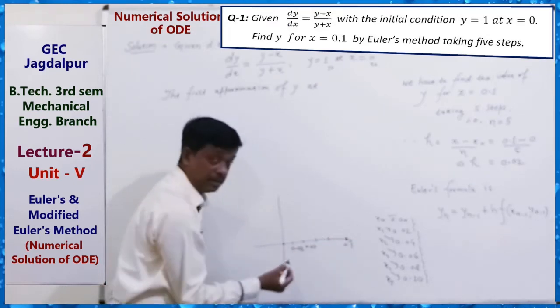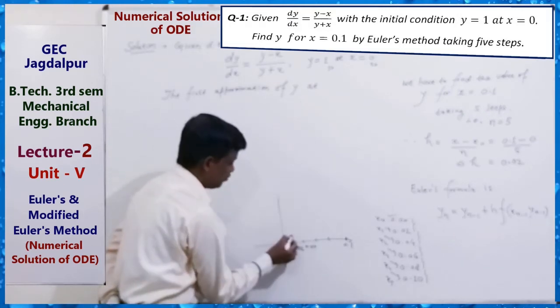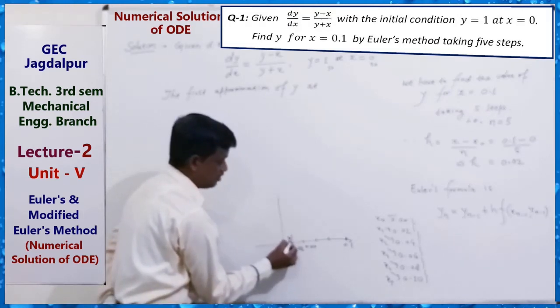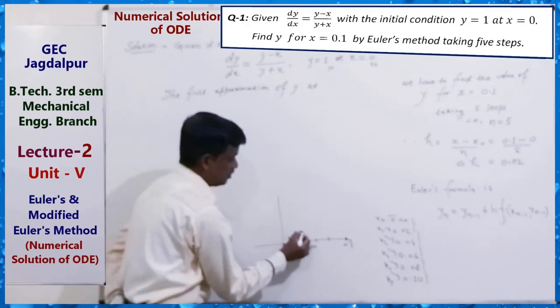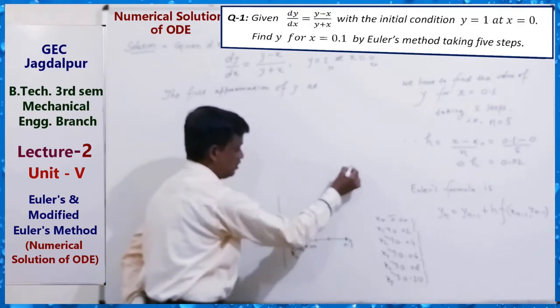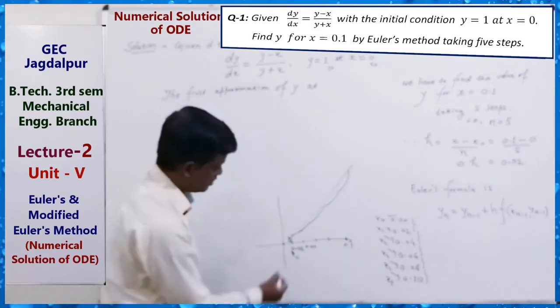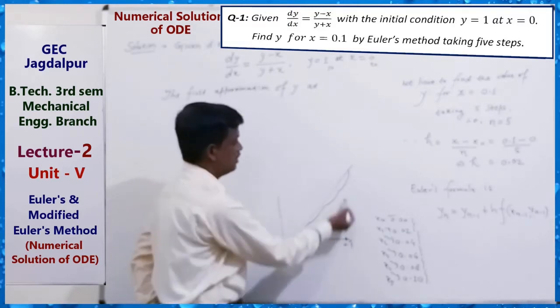So this is our targeted value. In this interval, the given value is 1: this is y0, this is x0. Then this, then this, then this. First stage, second, third, fourth, and finally we get the value.